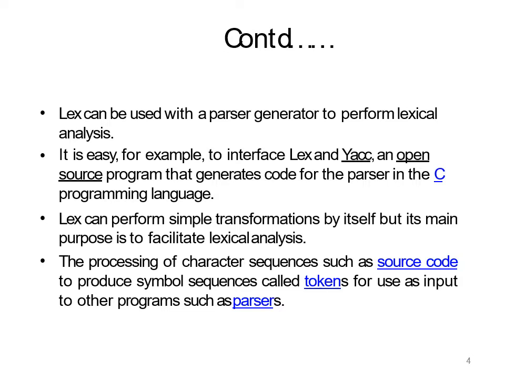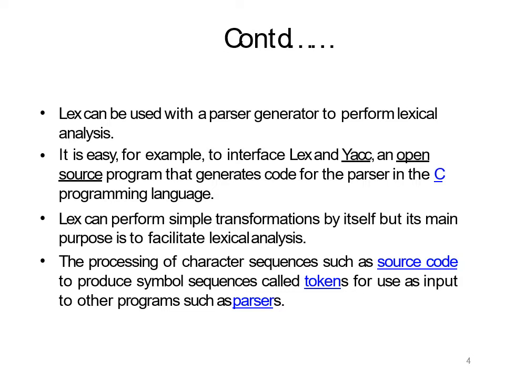The next point is Lex can perform very simple transformations by itself, with the main purpose to facilitate the lexical analyzer. Lexical analysis is the main phase of the compiler, the first phase.